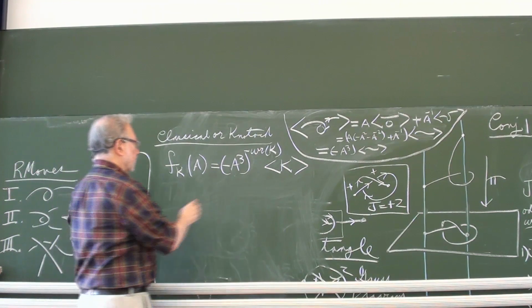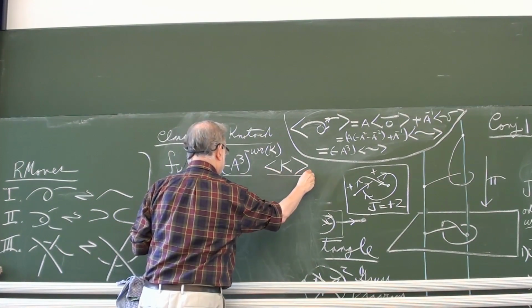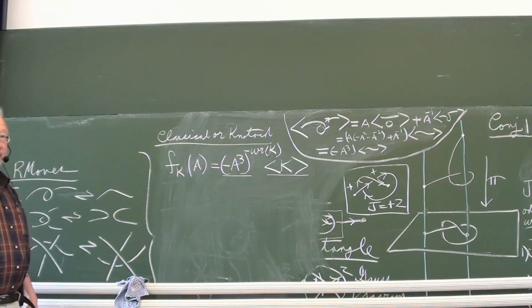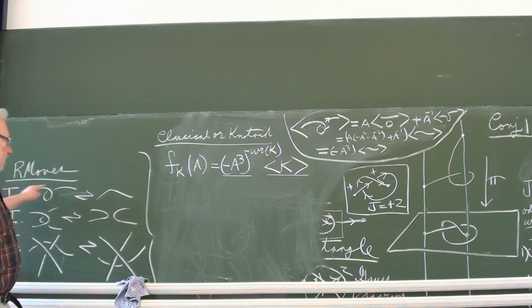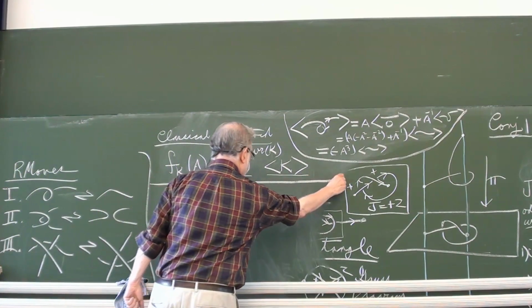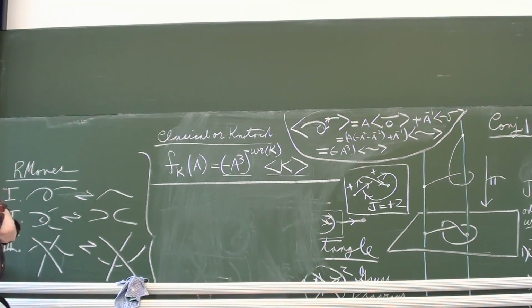This is invariant under Reidemeister 2 and Reidemeister 3. The product is therefore invariant under those two moves, and the product is, by its very definition, invariant under 1. And this, what I've said here, applies both to natoids and to knots, and we have this generalization.